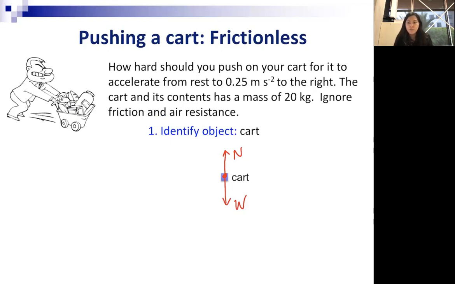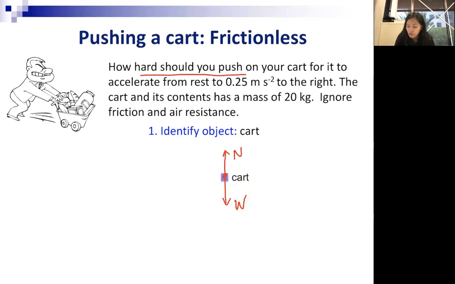How should the cart move to the right? Pushing, very good. Yeah. So notice these two forces, normal and weight force, they're along the vertical, but the cart is moving to the right. So in order for the cart to move, it says here that you're pushing on it.